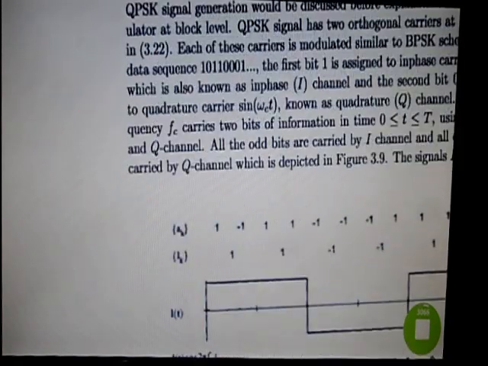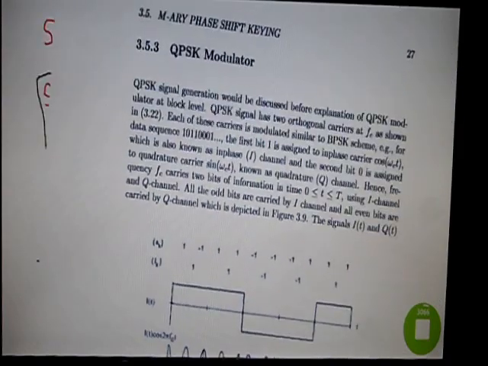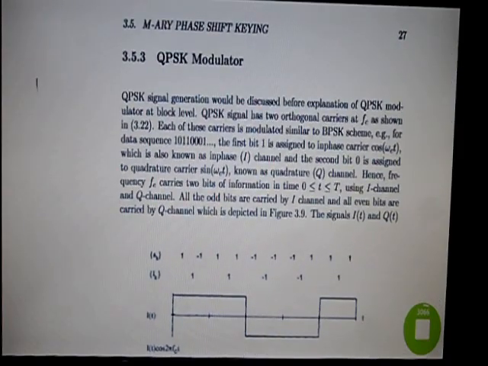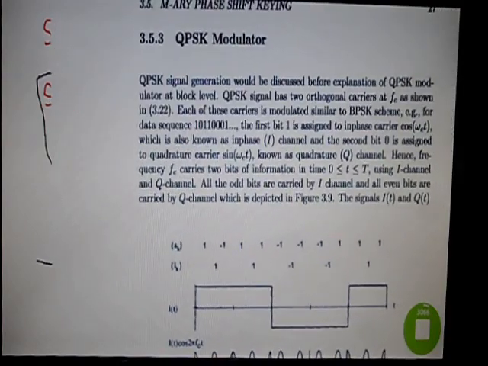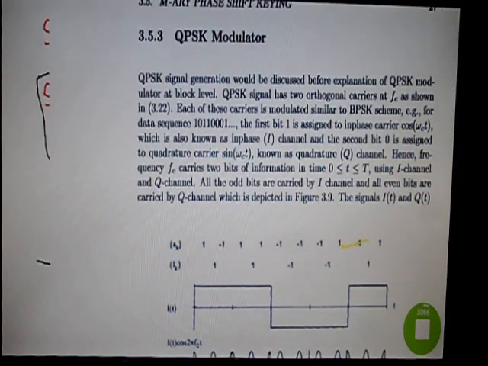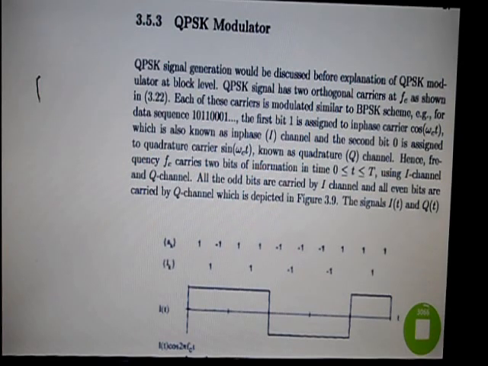Let me magnify it a little bit so that I should be able to write over this image as well. So if we observe our QPSK modulator, that is actually our QPSK modulator, as I mentioned, it has 2 orthogonal carriers, right?